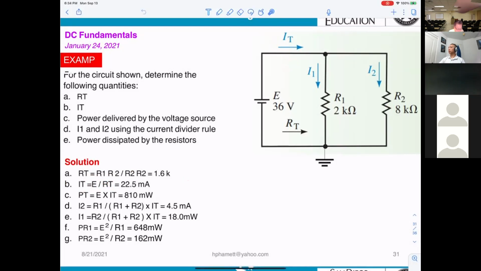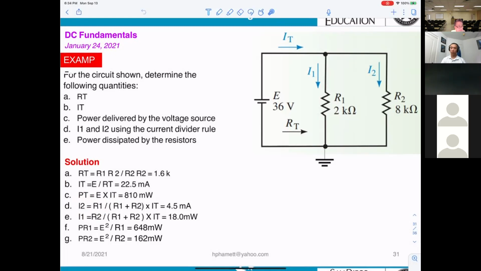If you calculate the power of the power supply to the circuitry, you use the formula V times I, that means E times I total. Then if you want to calculate I1 or I2, you use the current divider law.